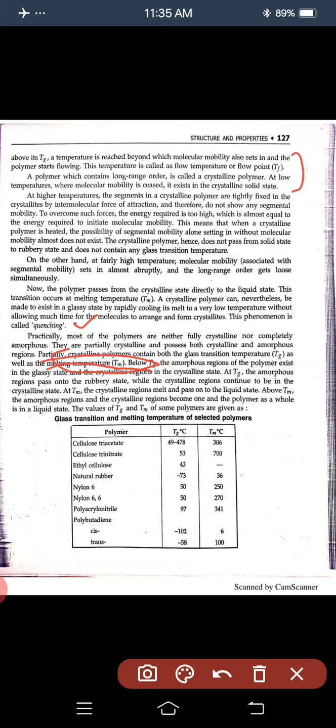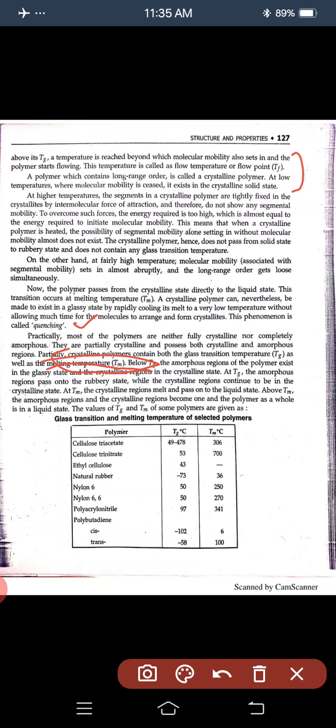Values of Tg and Tm are as follows. Cellulose triacetate: Tg is the glass transition temperature, 49 to 478, and the melting temperature is 306. Cellulose trinitrate: 53 and 700.